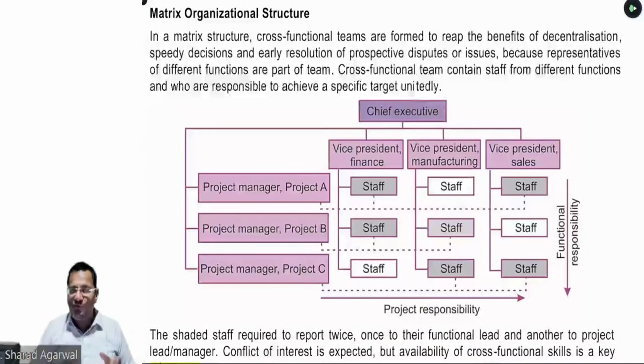A different team will be given different responsibilities, and the team will not only be responsible to the immediate boss, that is the project manager, they will also report to the tactical level of management, so that if any decision is to be taken, it can be taken very promptly.